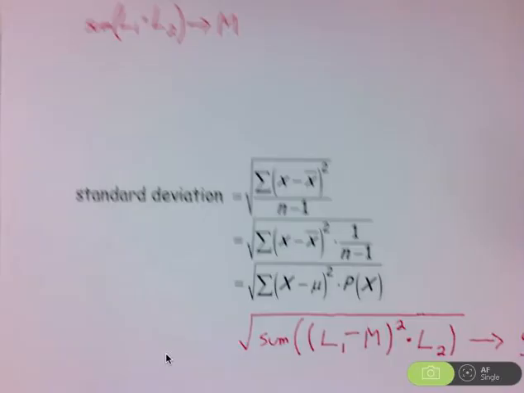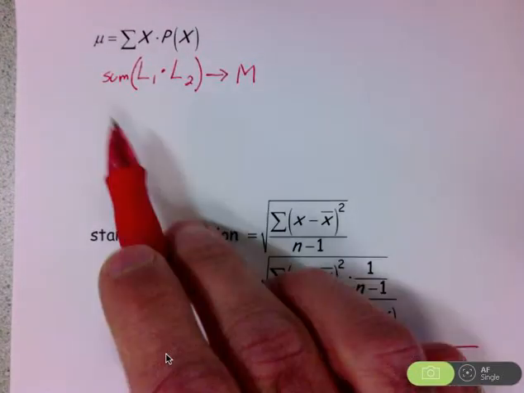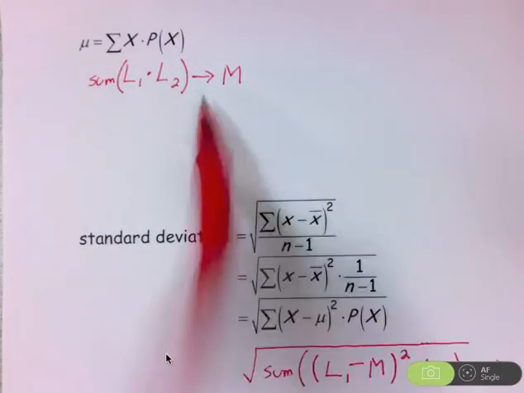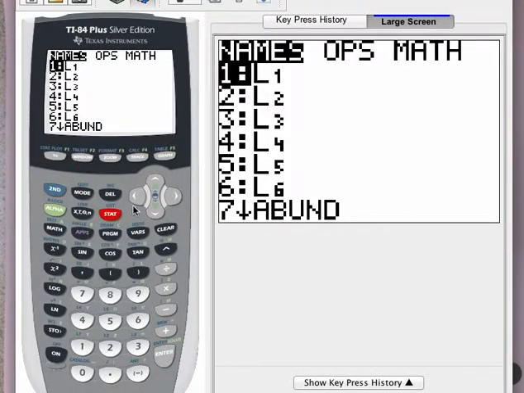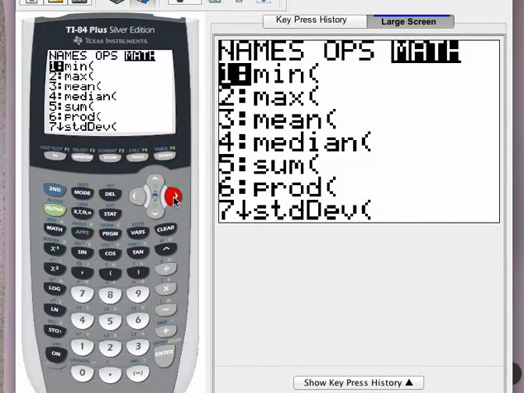And here it is. We've already done it. So literally this is the next line of the program. If we go to our program, I need to bring in the sum command. That's second stat. Arrow over to math and down to sum. That's option 5.